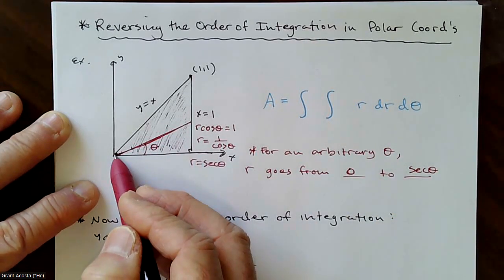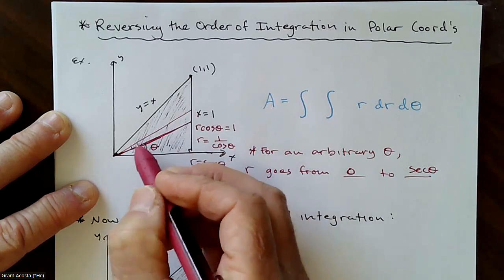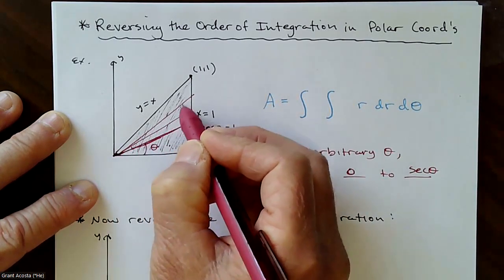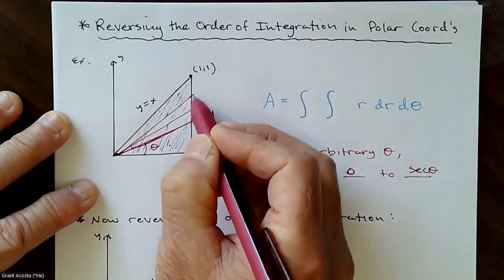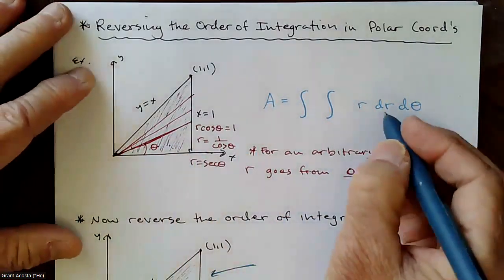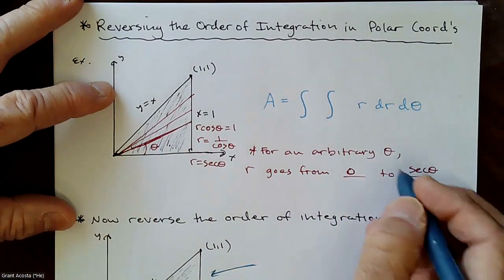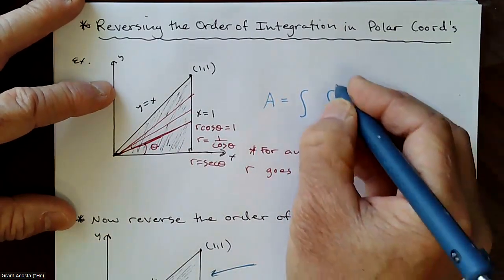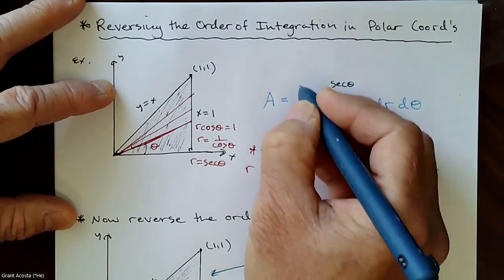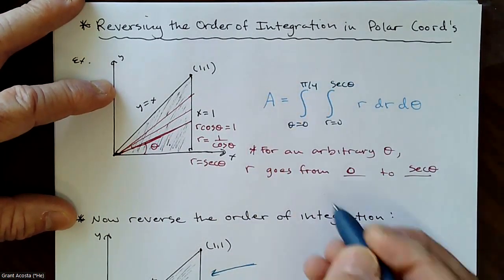And you can see that's true no matter what my angle theta is. If I pick any theta in this region, I'm always going to go from 0 until I hit this line, which we now know is r equals secant theta. So putting limits on this integral, r goes from 0 to secant theta, and theta varies from 0 to pi over 4.